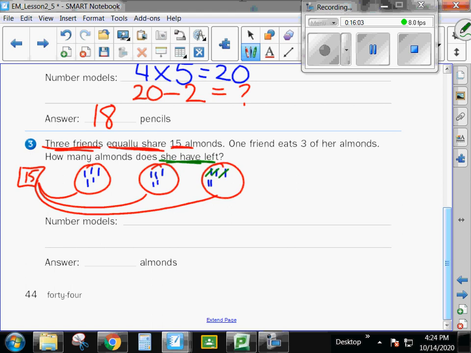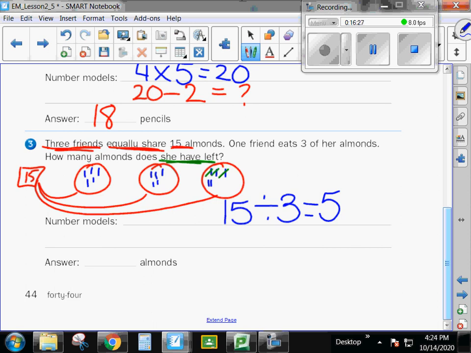All right, so what was the very first step that I did? The very first thing I did was take 15 almonds and divide them between 3 friends. When I divide 15 almonds between 3 friends, how many does each friend have? They each have 5, right? That's division.